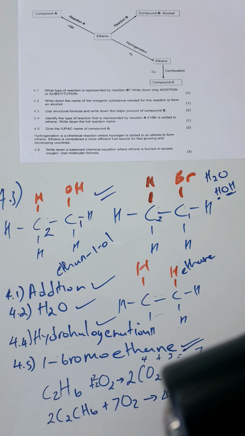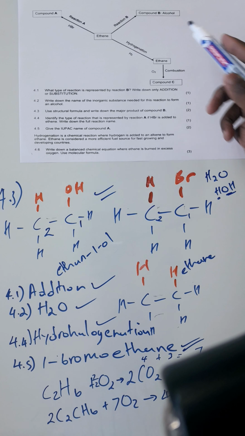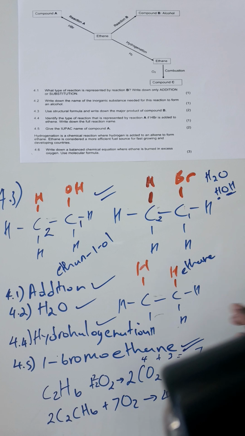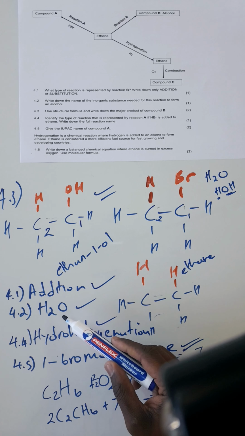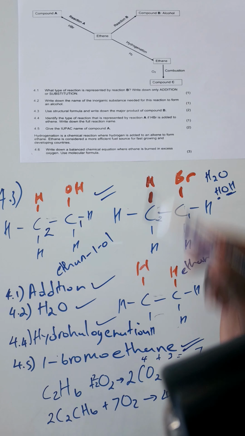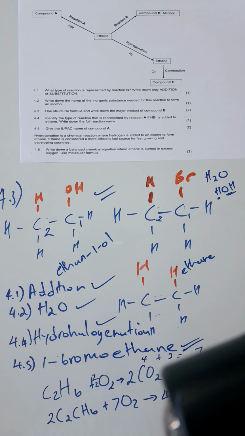Something that I don't see in this question is conditions: hydrohalogenation will be in an unreactive solvent with no water, a platinum catalyst is required for hydrogenation, and a sulfuric acid catalyst for hydration. So if we are going to have an alcohol from an alkene, we must add water. The water will be the inorganic reactant in reaction B, and it requires sulfuric acid as a catalyst.